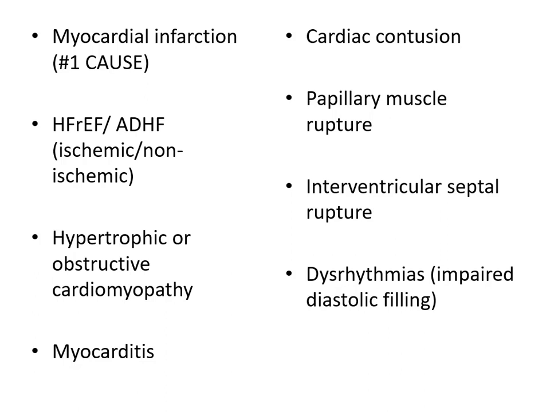Additional causes include heart failure with reduced ejection fraction, or HFrEF, or acute decompensated heart failure, ADHF, and this can be ischemic or non-ischemic, hypertrophic or obstructive cardiomyopathy, myocarditis, cardiac contusion, papillary muscle rupture, intraventricular septal rupture, and dysrhythmias.